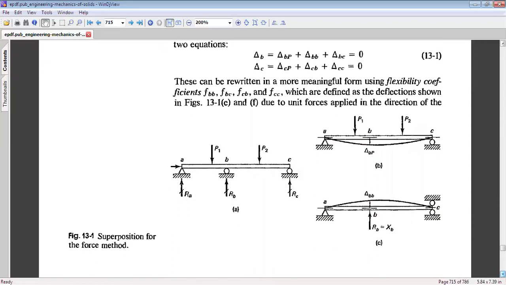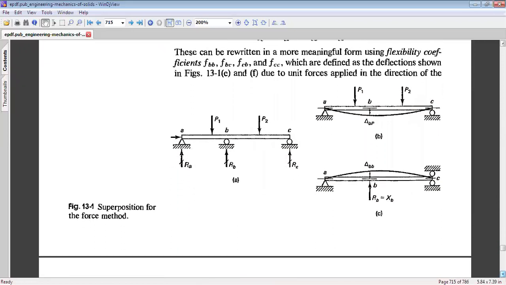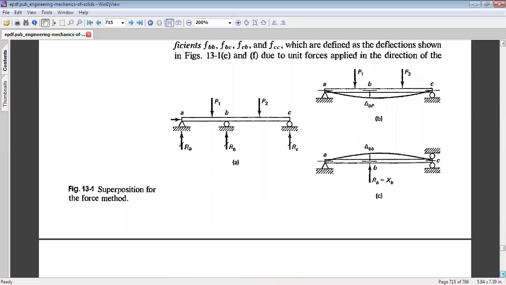So to recall this method, in the force method, first of all, we reduce the indeterminate system into a statically determinate system by removing redundant reactions.